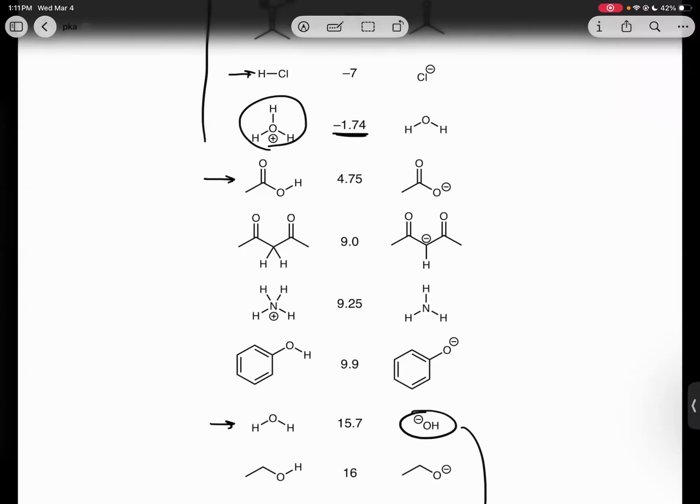Higher pKa means a weaker acid. And so the equilibrium lies on the side with the weaker acid, which is there.